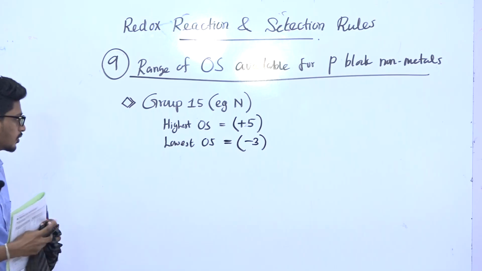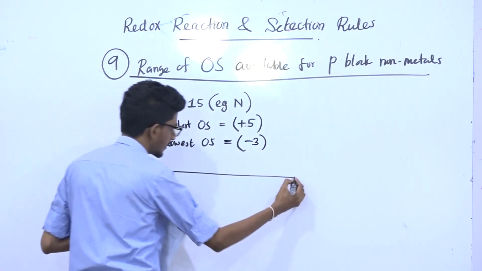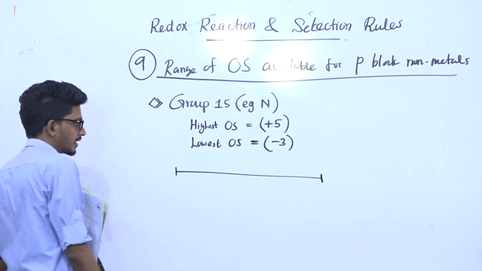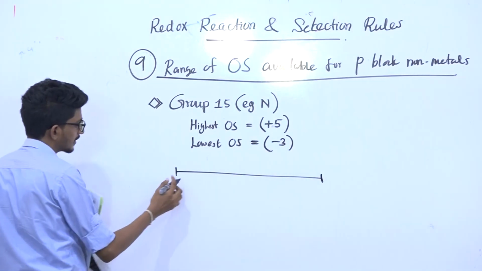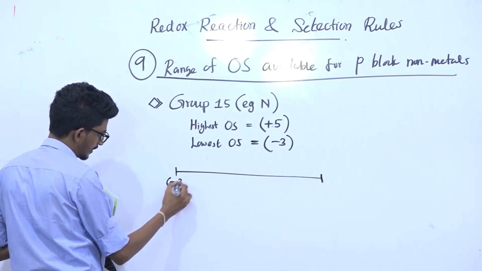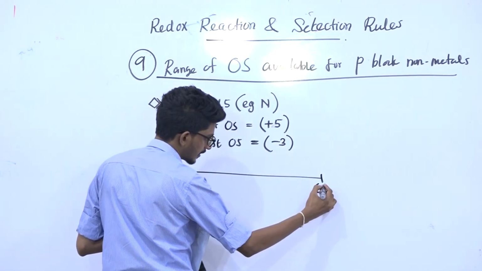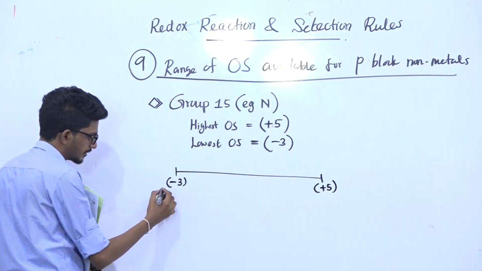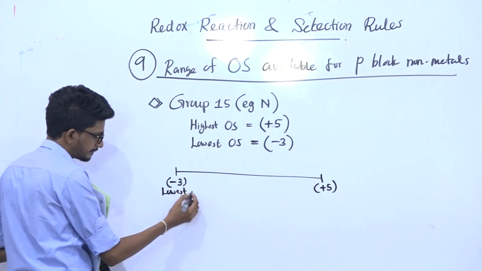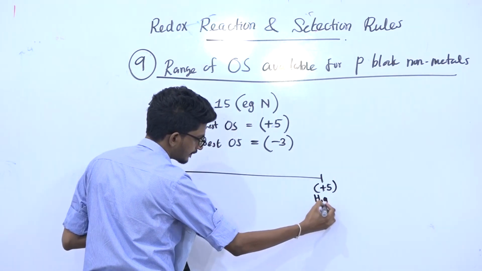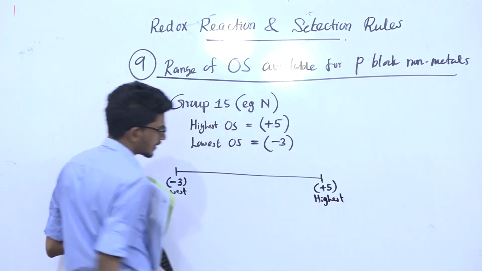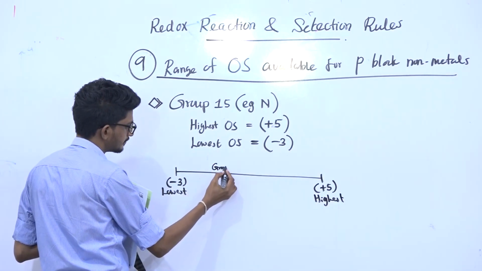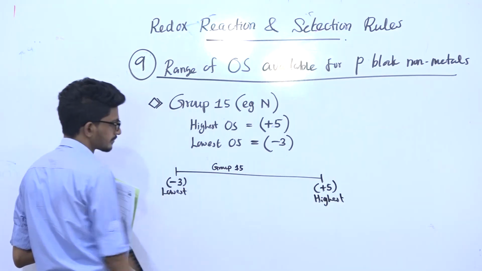So the range of oxidation states is the minimum and maximum values: the lowest is -3 and the highest is +5. So these are the highest and lowest values for group 15 elements.